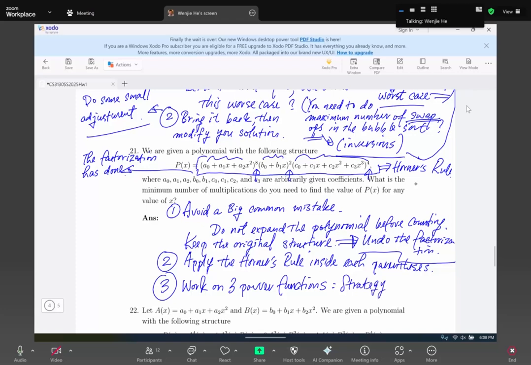To make the most efficient calculation, the strategy is to share the square. There are many square operations, right? Share the square operations as much as possible.